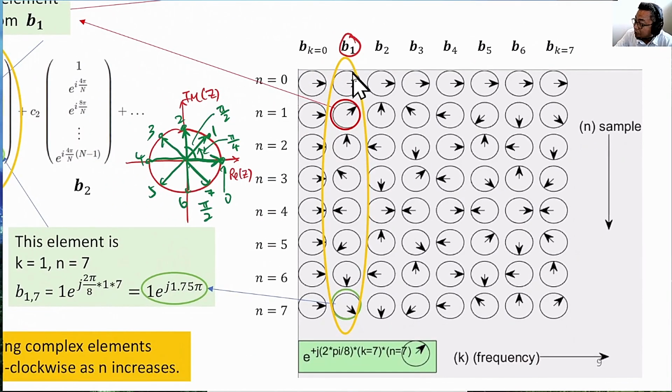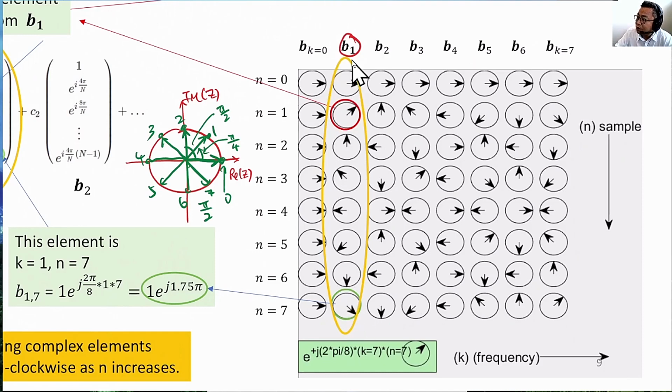The B1 column entries: first is along this horizontal line, meaning amplitude 1 phase 0, then amplitude 1 phase π/4, amplitude 1 phase π/2, and so on, and it rotates anti-clockwise until the last one, which is at 1.75π, or we can say minus π/4.